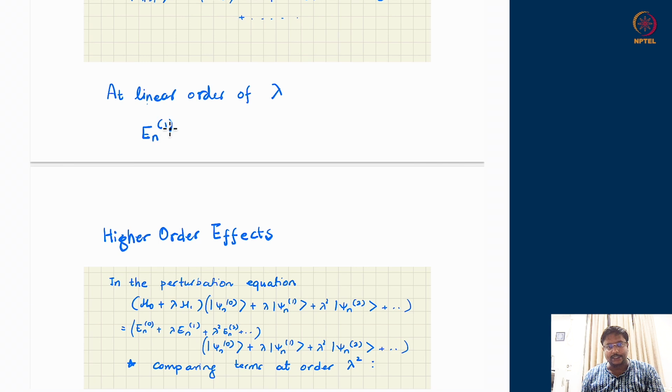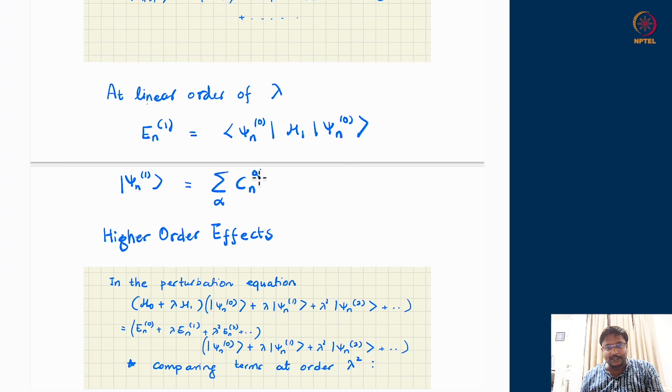to the nth energy eigenvalue is obtainable from taking the expectation of the perturbation Hamiltonian with respect to the unperturbed energy eigenstate, while the first order correction to the wave function of the nth eigenfunction is obtainable from coefficients C n alpha, where alpha is the set of numbers which describes the state n over which we are trying to get the perturbation, and effectively the psi alpha 0.